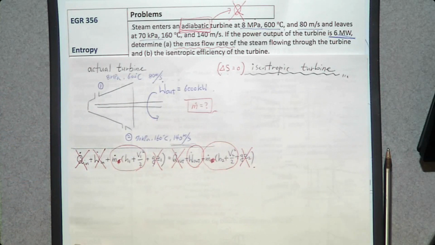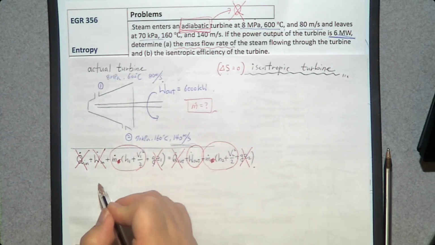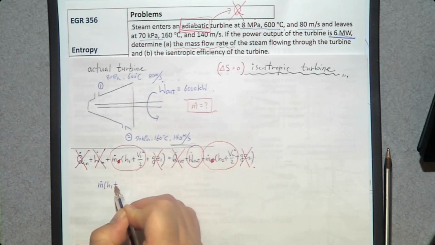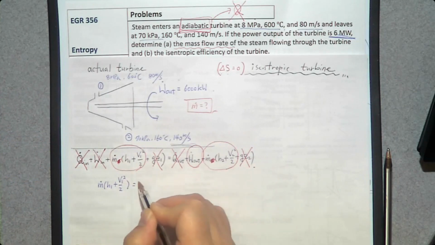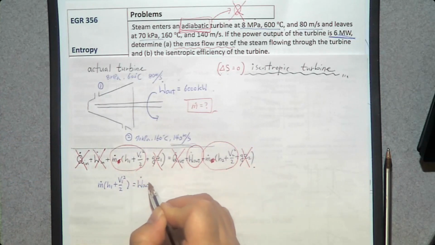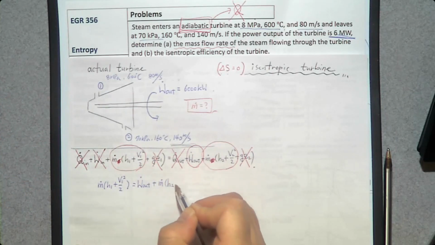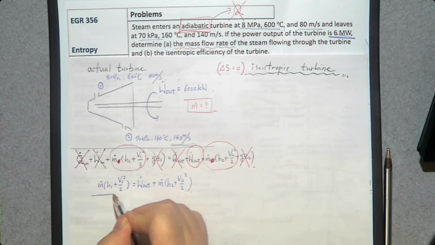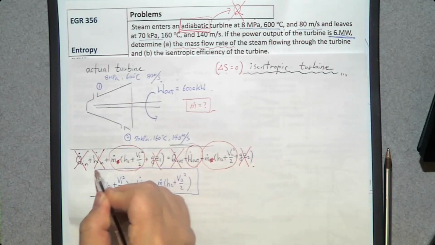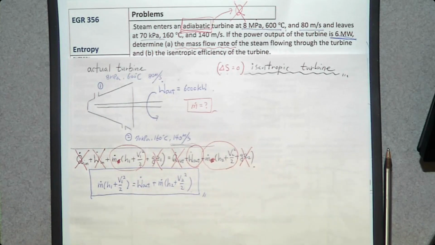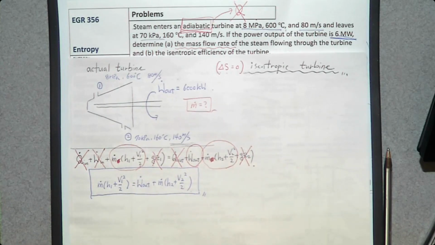So the energy balance equation is going to be m dot (h1 plus v1 square over 2) is going to be W dot out plus m dot (h2 plus v2 square over 2). So this is the energy balance equation that we can use for this turbine system. Okay?